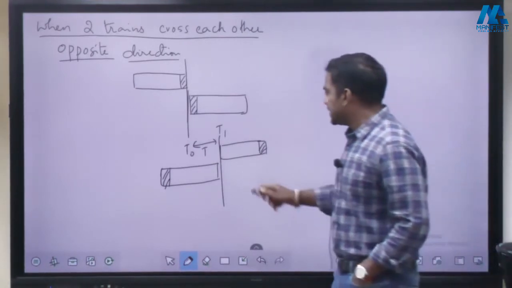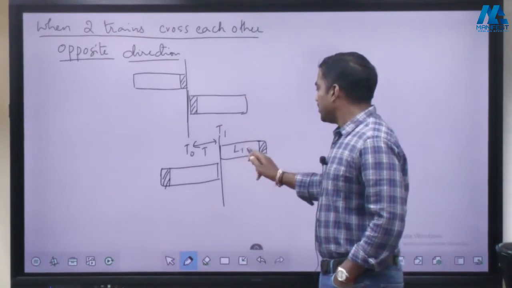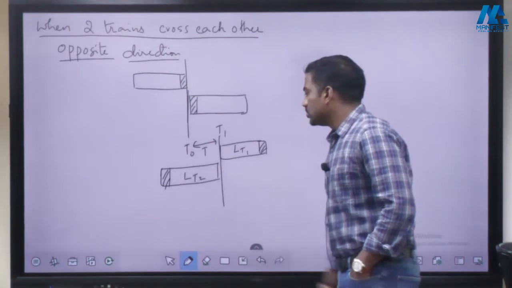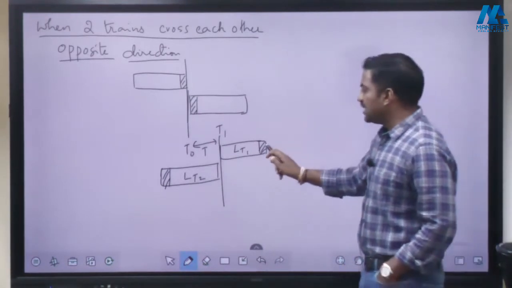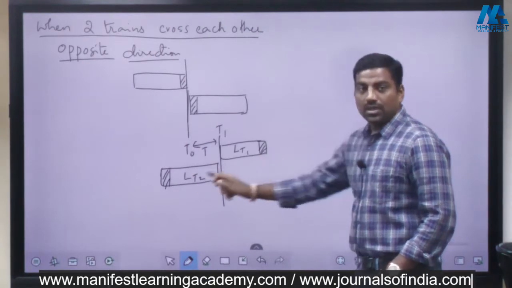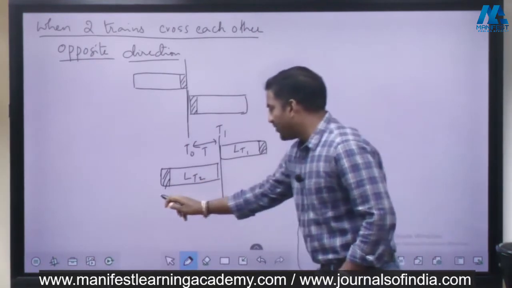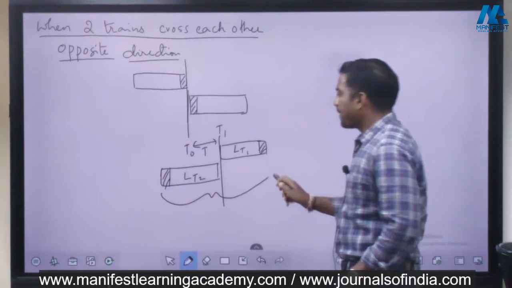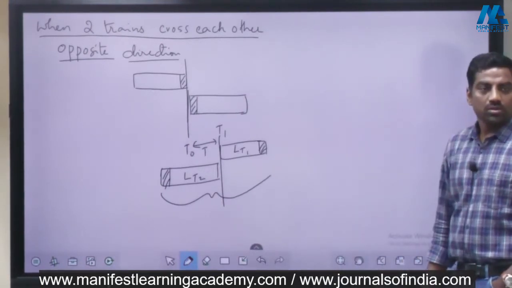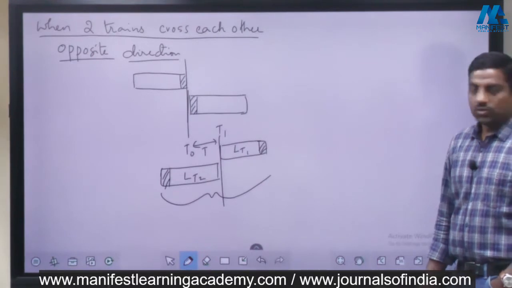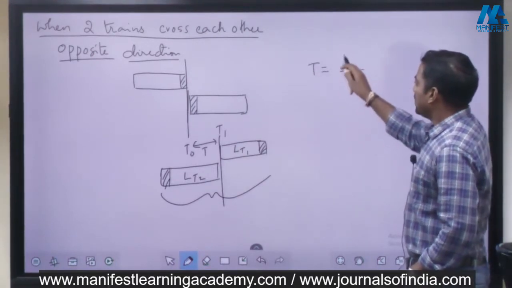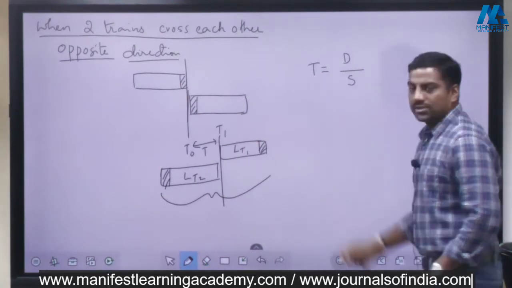So let us take this as the length of train 1 and length of train 2. What is the effective length that this train has crossed? Its own length, and so this is the effective length, right? Yes. So when we are calculating the time taken, it is distance divided by speed.